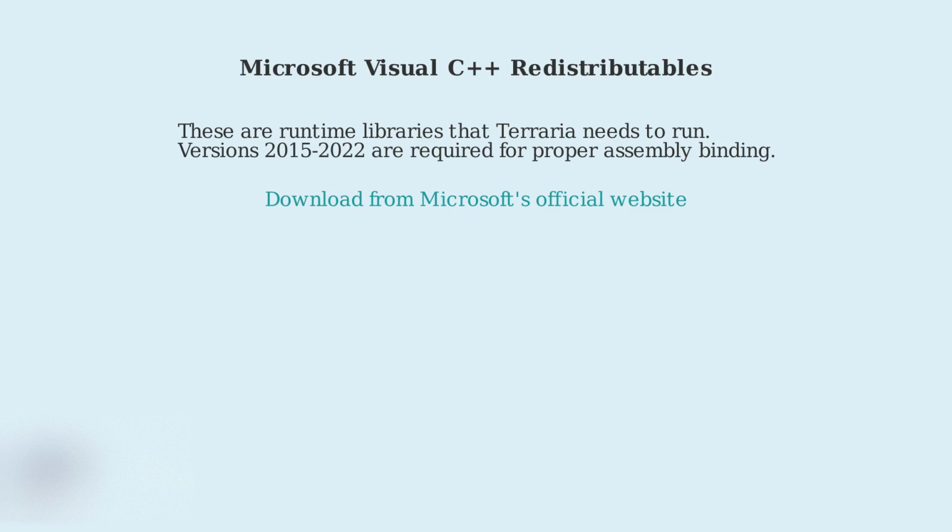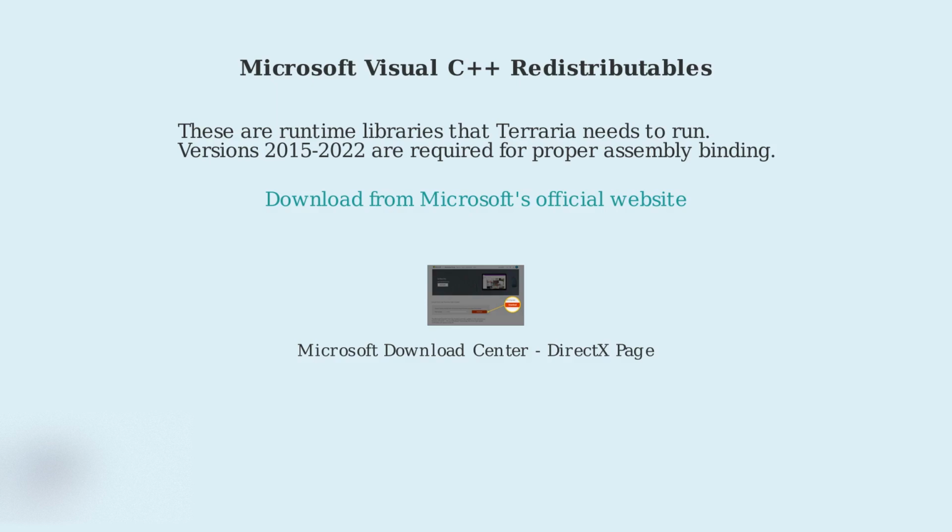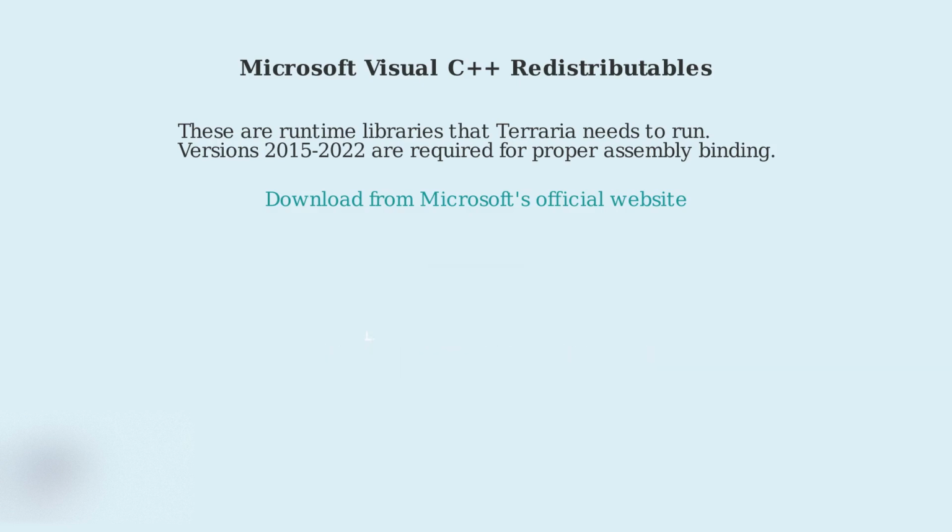These components handle memory management and other core functions. Visit the Microsoft Download Center to get the latest Visual C++ redistributables. Choose the appropriate version for your system architecture. After downloading, run the installer and follow the prompts. A successful installation ensures Terraria can access the necessary libraries.